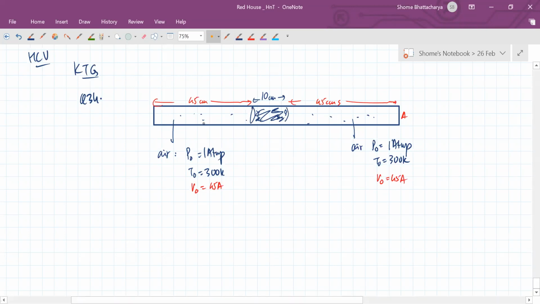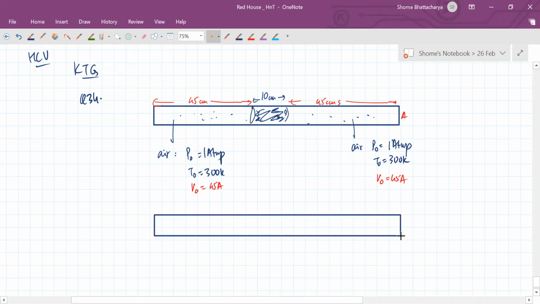Now what we are doing is changing the temperature of the gas on this side to 0 degrees C, and the other side is maintained at 127 degrees C. So the moment we start to cool the gas on this side, its pressure will tend to decrease, and when we heat the gas on the other side, its pressure will tend to increase.